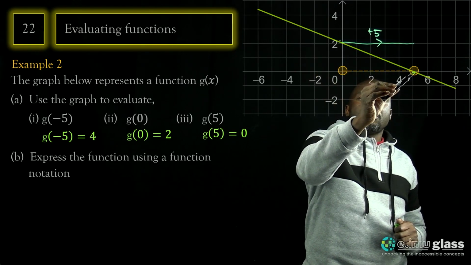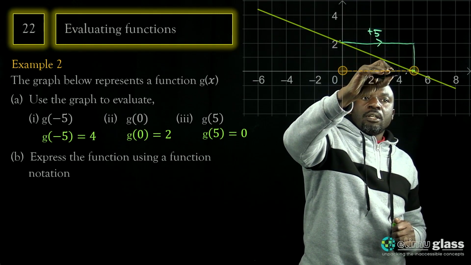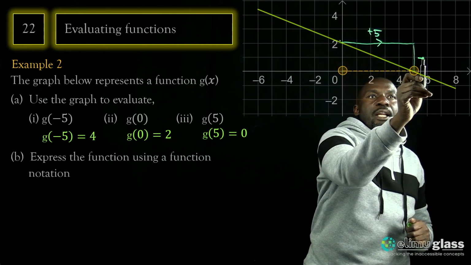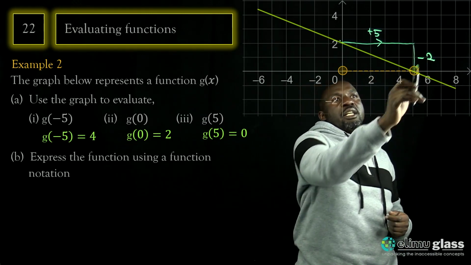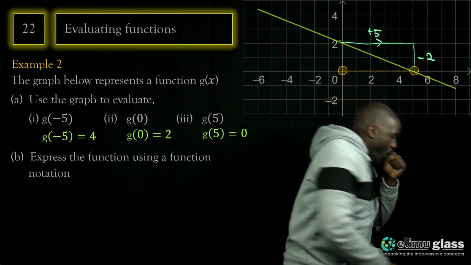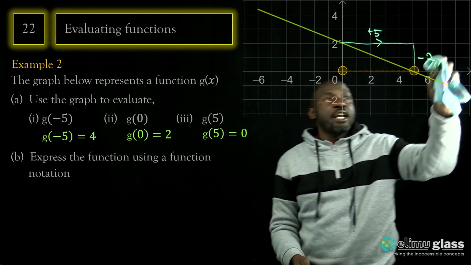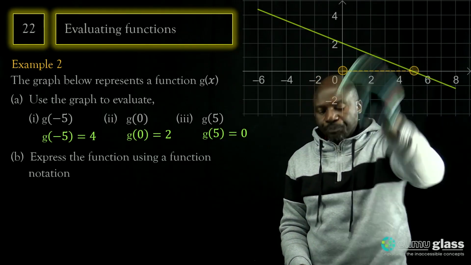The next part is to move vertically. I'm not going up, I'm going down 2 steps. So it's -2 steps in the y direction. And so my gradient is -2 over 5. We did a question like this before in the previous lessons. So I hope this makes sense.